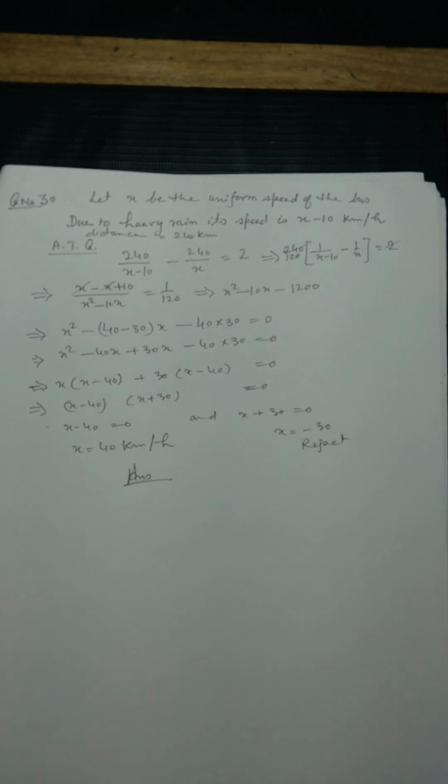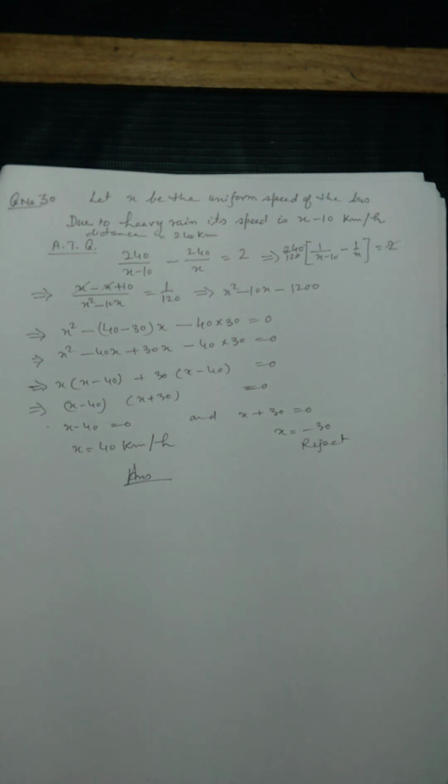Due to heavy rain, its speed gets reduced by 10 km per hour, and as such it takes 2 hours longer to cover the total distance. Assuming the uniform speed to be x km per hour, form an equation and solve it to evaluate x.